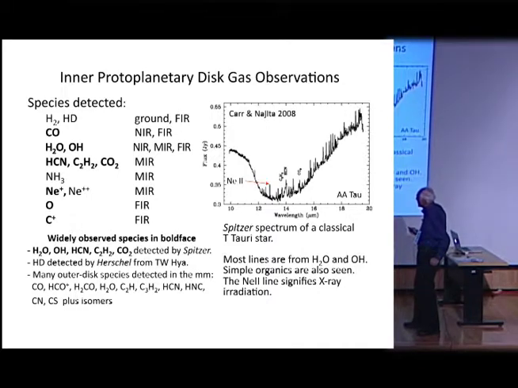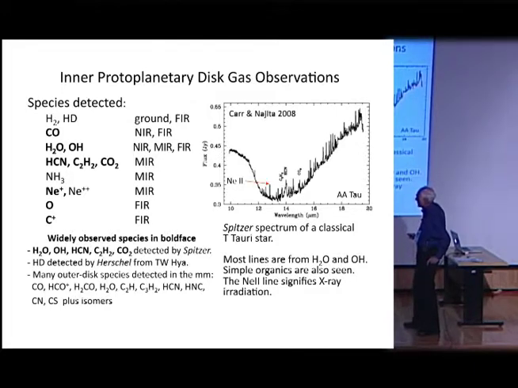And you can see that we use here a variety of bands: the ground for the rotational levels of H2, the far infrared for HD, for which there's only one detection, and then both near infrared, but especially the mid infrared for all these other species from Spitzer.